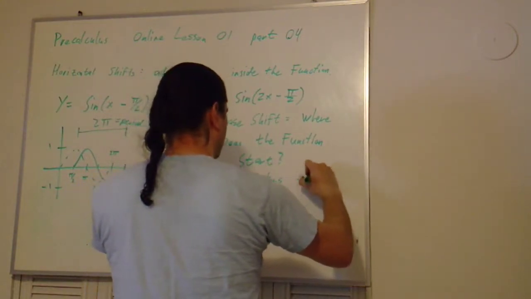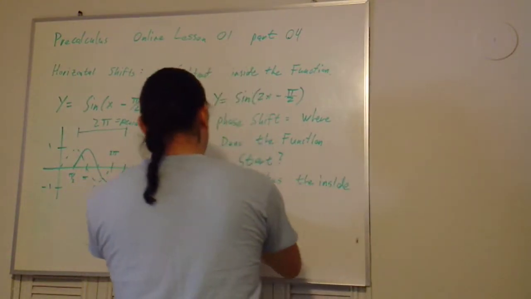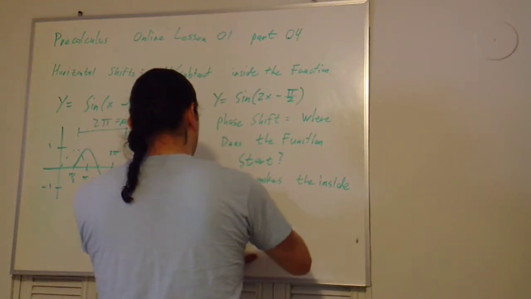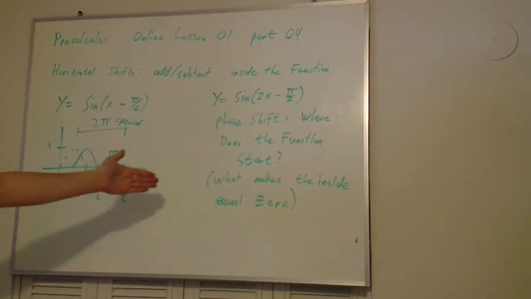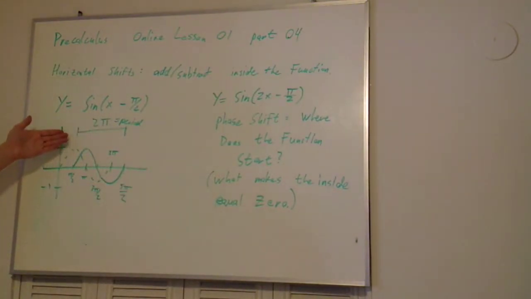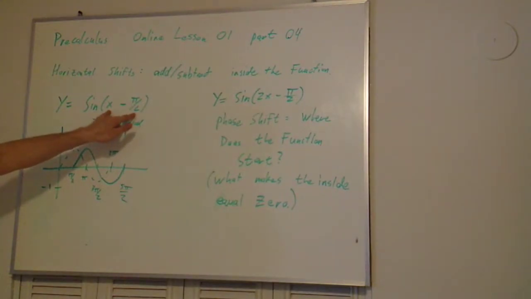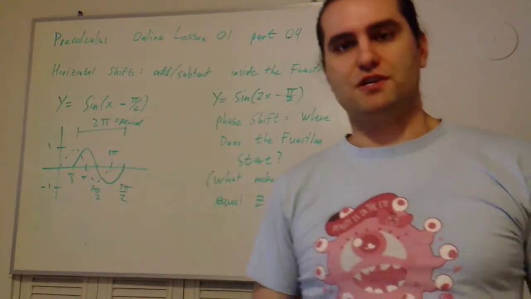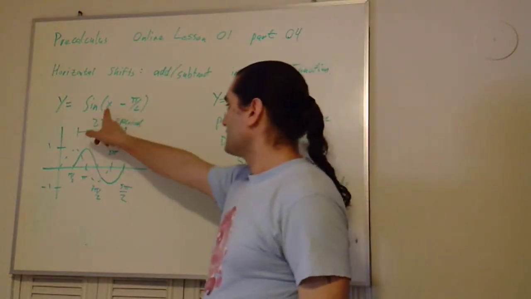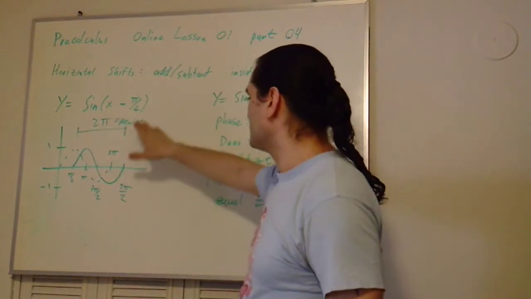We're going to take the sine wave. Normal sine wave does this to 2 pi. Here's pi. Here's pi over 2. Here's 3 pi over 2. This is going to shift it to the right by pi over 2, so it's going to start at pi over 2, and it's going to end at 5 pi over 2, I guess.